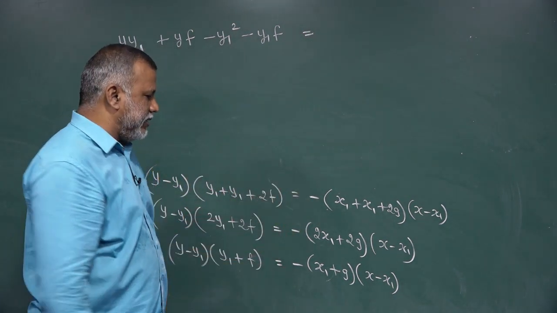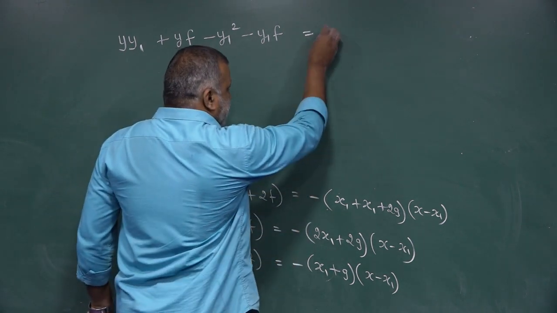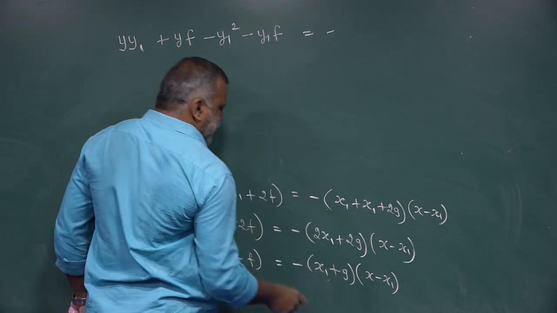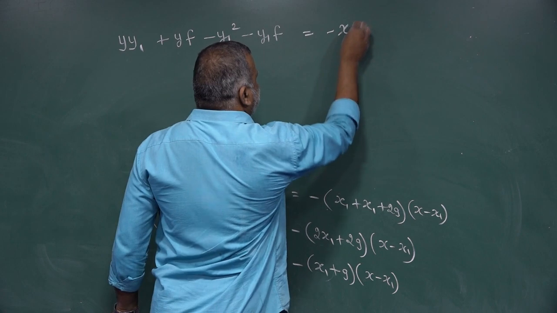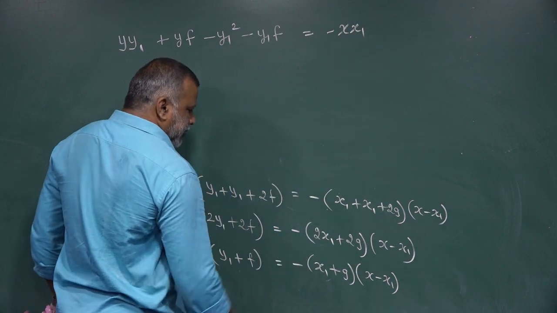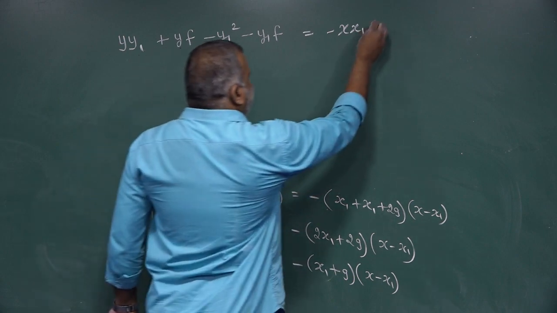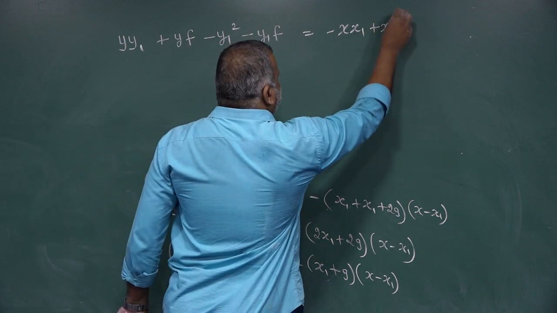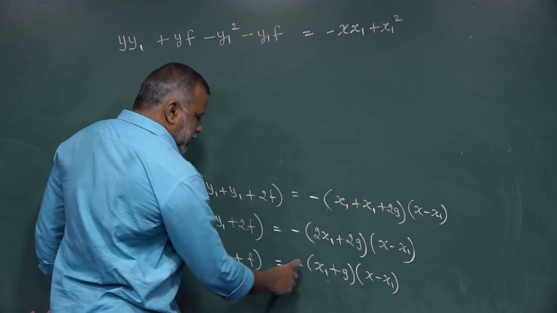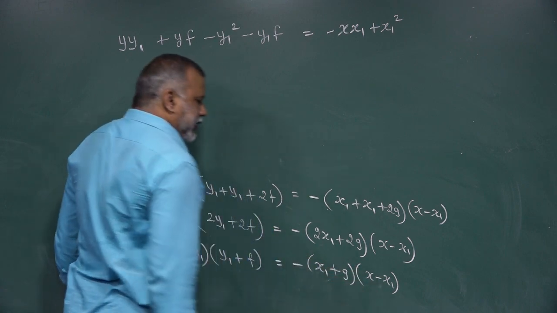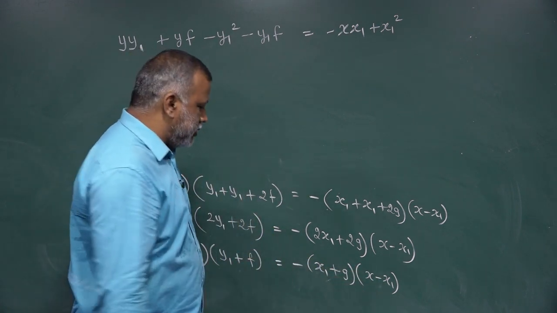But we have a negative symbol. See here, minus of x1 multiplied with x. Therefore, I can write x1 minus of, again this negative multiplied with here, negative of negative becomes positive, x1 squared. Positive. Negative x1, again here negative x1, so x1 squared is positive.